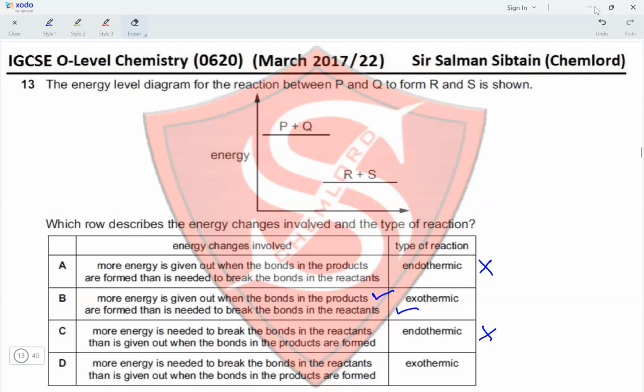And our reaction is exothermic as stated in the question itself by looking at the diagram, because the energy level of the products is lesser than the energy level of the reactants. So the explanation for this reaction being exothermic is incorrect in option D, which makes option B the correct option for this question.